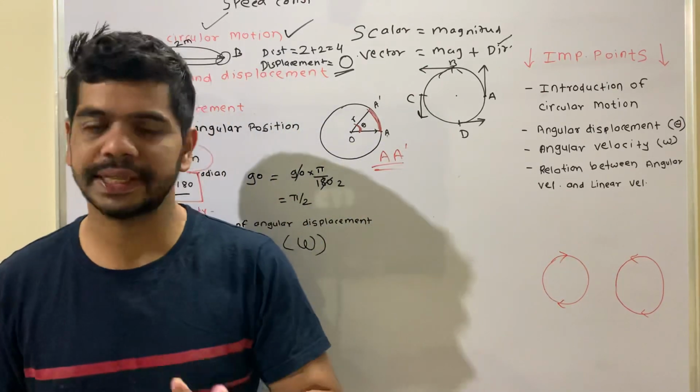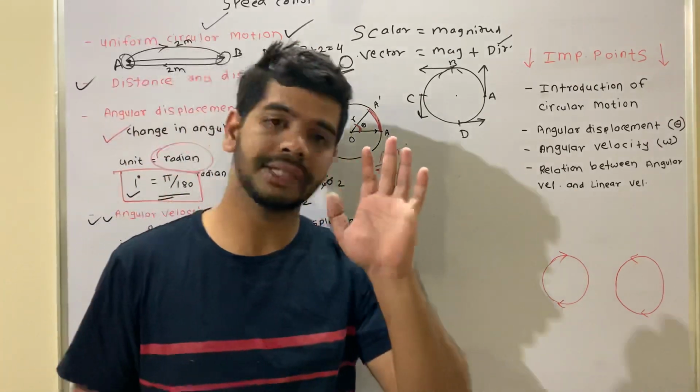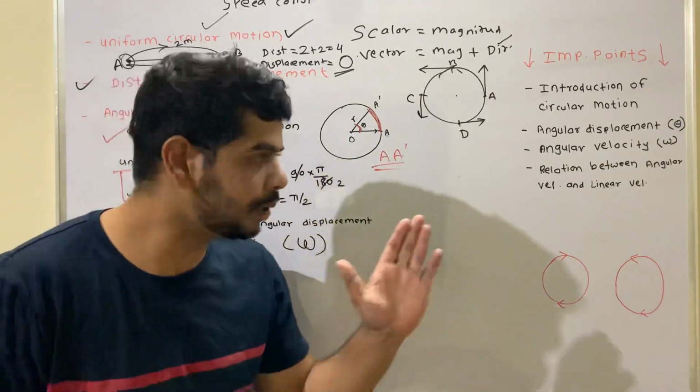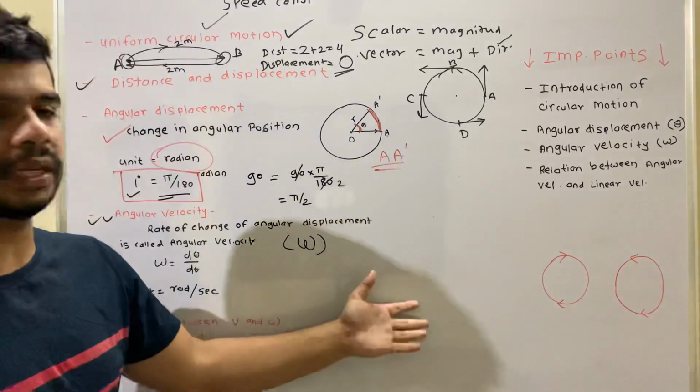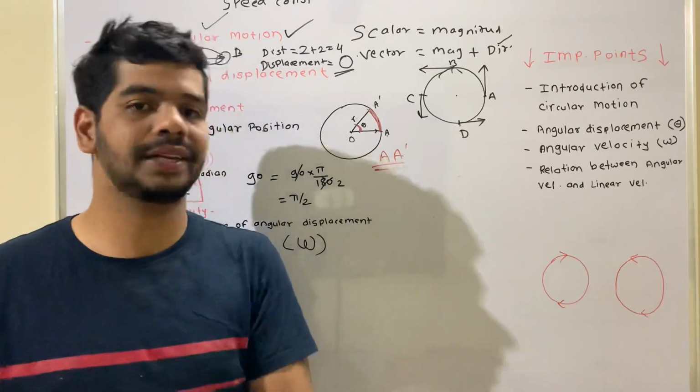These things also we are going to discuss. We will solve the numericals based on instantaneous velocity and average velocity. But here I am covering the basic things which we need to know before starting the numericals.